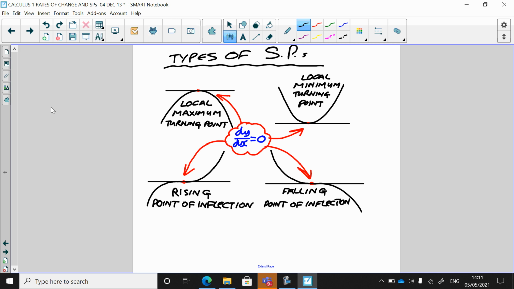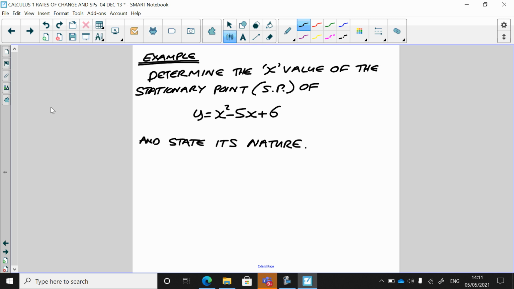Right, let's go for it. So here's a nice wee example: x squared take away 5x plus 6, and state its nature. That's the type of stationary point we're looking at.